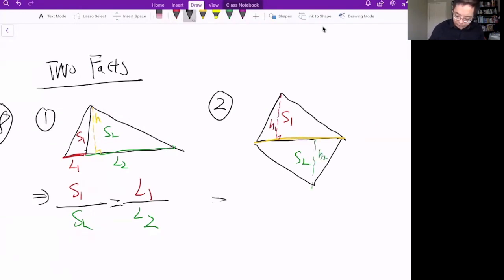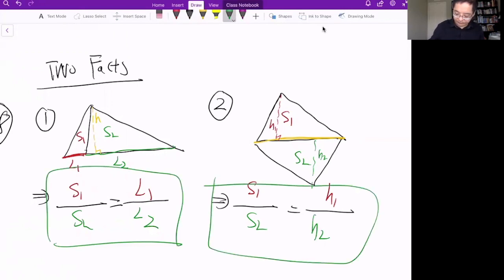Then the conclusion is S1 over S2 equals H1 over H2. Both formulas are quite simple. They are both just based on how we calculate the area of a triangle, 1/2 the base multiplied by the height.